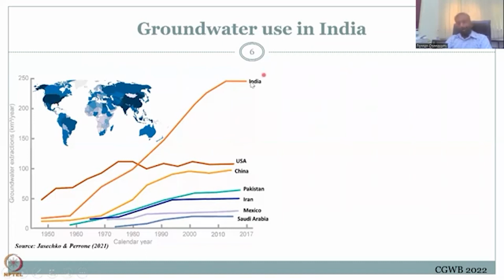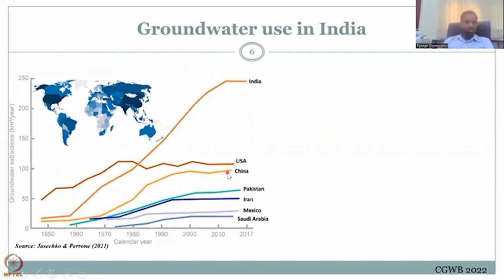We are ranked number one in the world with around 245 cubic kilometers, whereas the second and third nations are the US and China. Even if you combine them, let's say the US is around 110 and China is around 100.